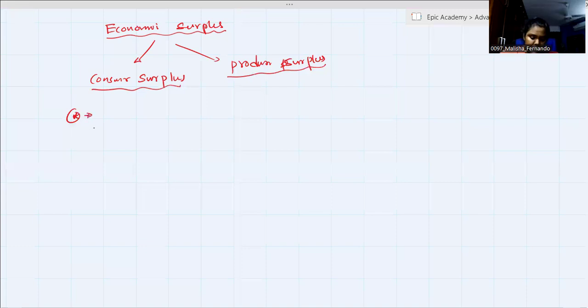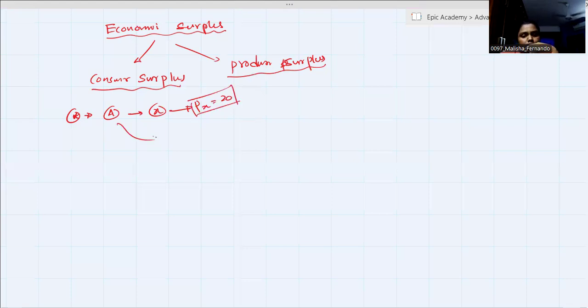A simple identification of consumer surplus is that consumers expect some values in the market. For example, a consumer expects to spend money on consuming commodity X. His expectation is that the price of commodity X must be 20 rupees. He expects that.